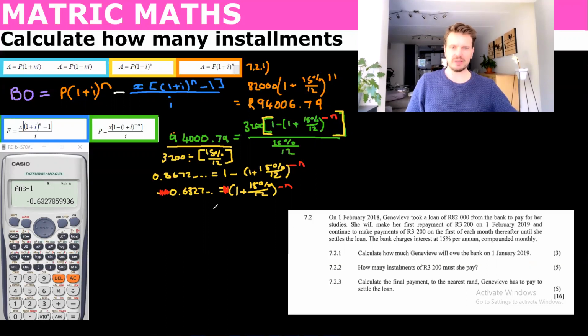And so now we can use logs, because logs is the way we get our exponent. So negative n equals, and we're going to say log base number. The base is the thing at the base of the exponent, which is 1 plus 15% over 12, to the power, and then the number 0.6327.